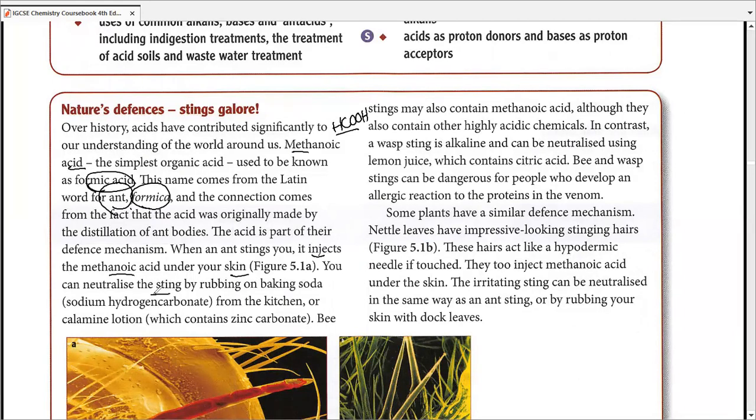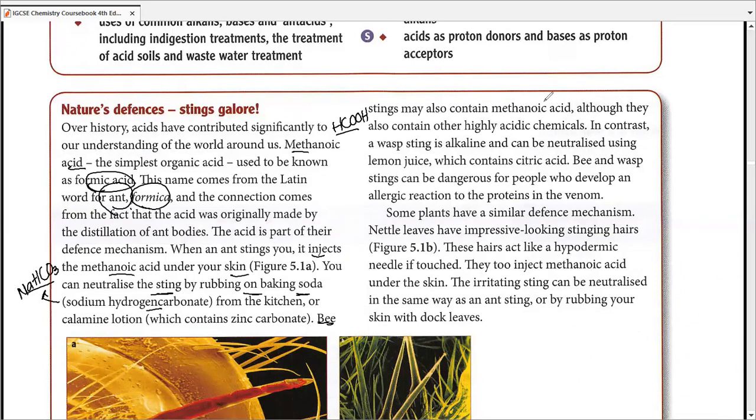Now you can treat this sting by rubbing some baking soda on it. Baking soda, or sodium hydrogen carbonate, the formula for which is NaHCO3, as we have previously discussed in the big table on the third or fourth page of this chapter, is a part of our kitchen, is alkaline in nature, and can easily neutralize the acids that are present in this thing.